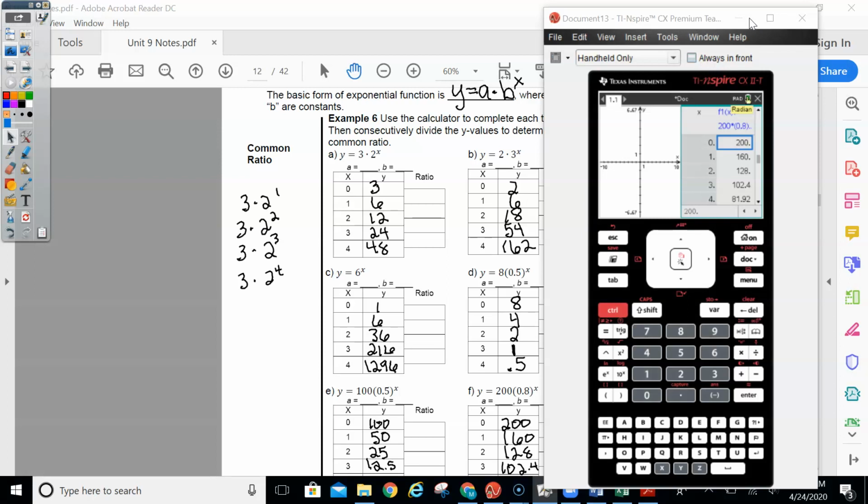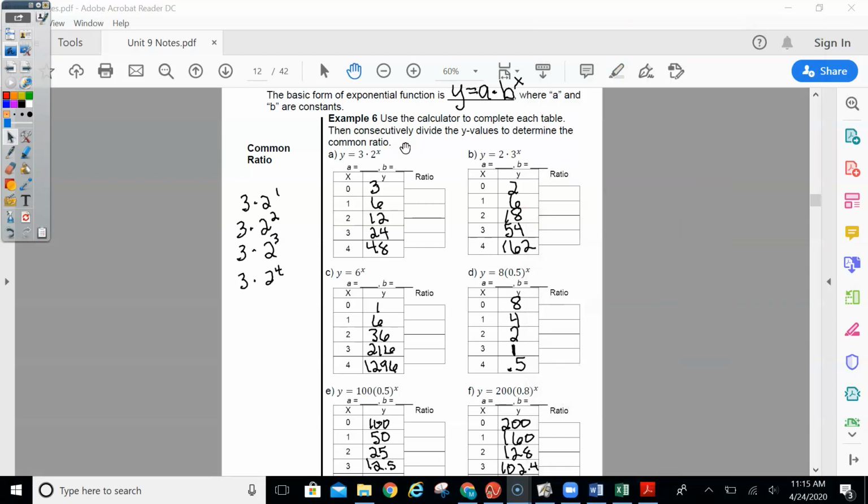Okay, so what it wants us to do is see in the table where we can find the A value and where we can find the B value. So let's go through all of these and say what's A. So here A is 3, A is 2. Here there's not a number in front of 6, so then we say there's a 1 there.